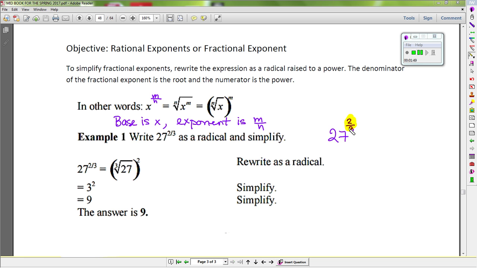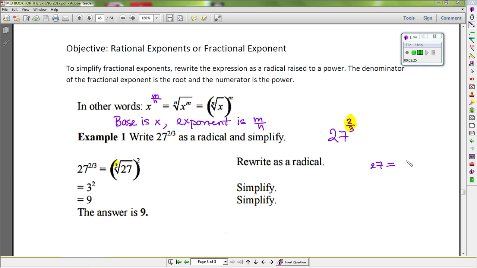So we'll start with the n, the denominator 3, so therefore the root will be 3. And then we'll put 27 inside the radical, and I'm going to put the power 2 outside. So this is how I came up with it.